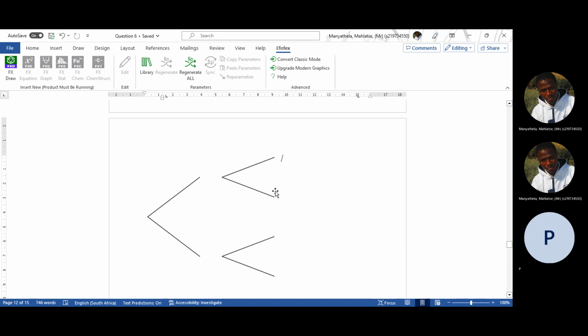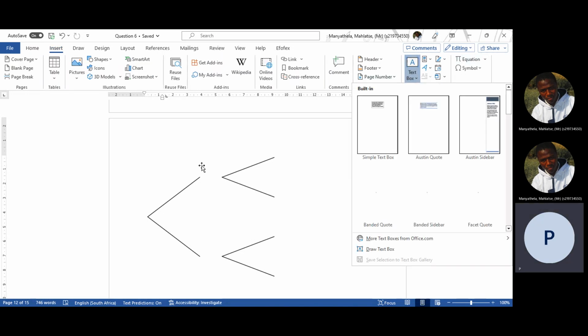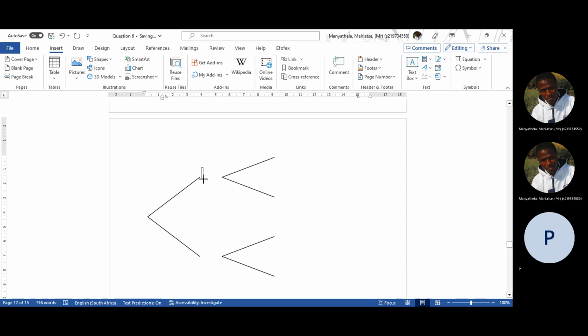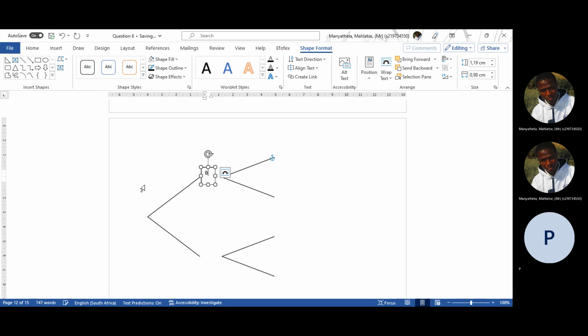This is how your tree diagram looks like. So we're having a blue and green bucket filled with balls, meaning that the first branch will be for blue and green.